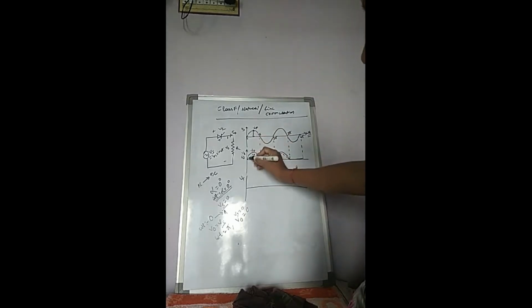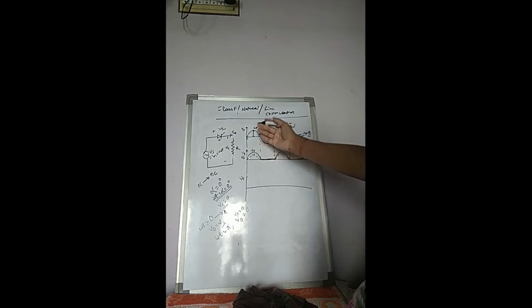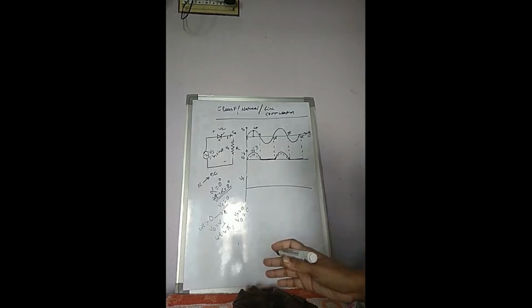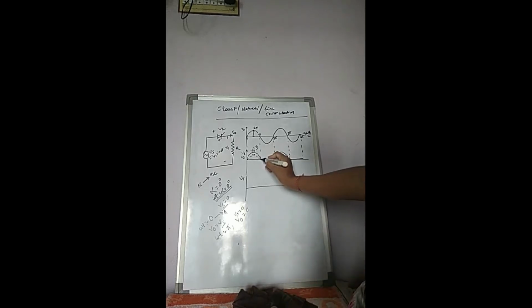And from 0 to pi, this waveform pattern comes across the load. V0 is equal to Vs at pi, this is Vs is 0, so V0 is also 0. If V0 is 0, then I0 is also 0. Therefore T gets turned off at this instant. From this instant the thyristor will turn off.